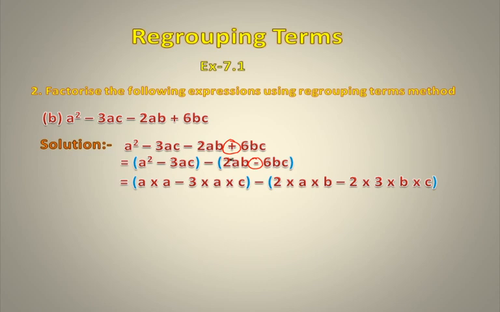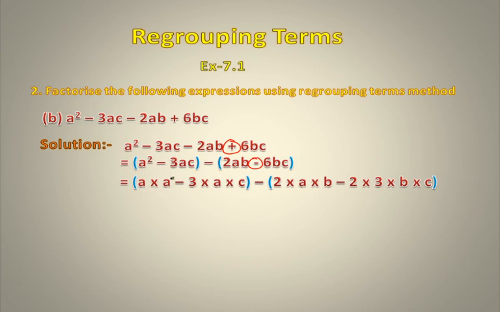Your 3ac, you can split into the factors 3 into a into c, and 2ab you can write 2 into a into b, and 6bc, 6 can be factorized into 2 into 3, and then into b into c. From the first group, you have to find out the common factors. After grouping, we will be applying our common factor.